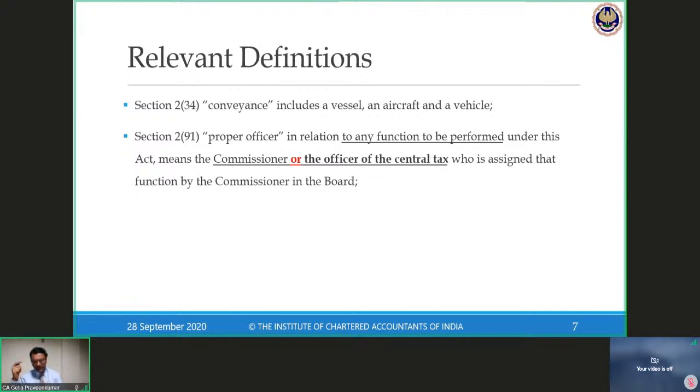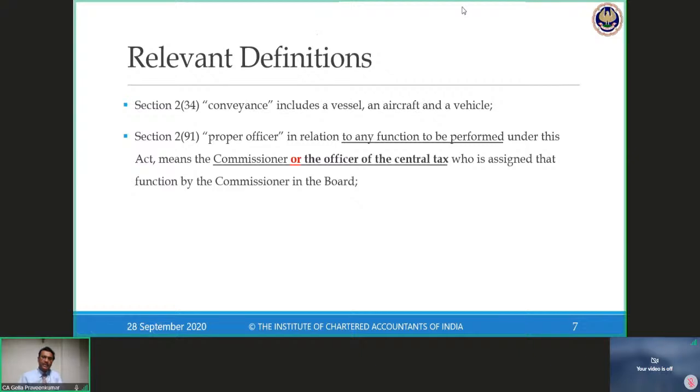Again, referring back to our last session where the faculty has covered powers vested under sections 73 and 74, right from a superintendent till the commissioner and principal commissioner. That particular provision is where we refer to this proper officer. Any function to be performed under this act means a commissioner or officer of the central tax.